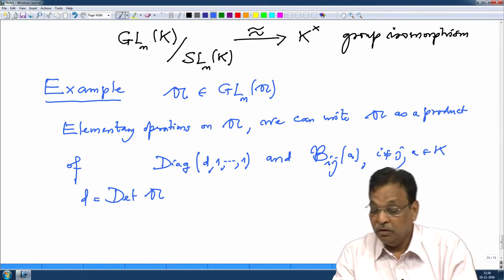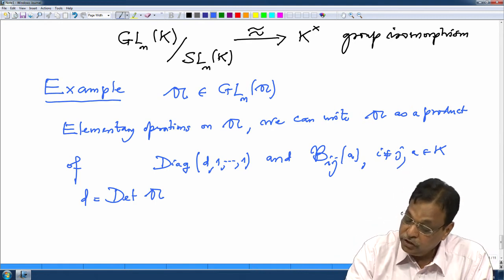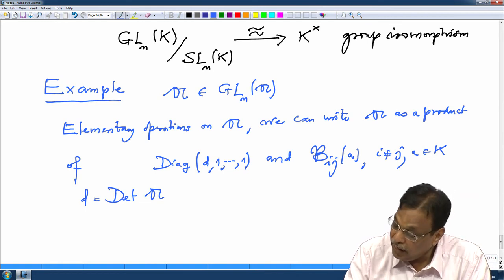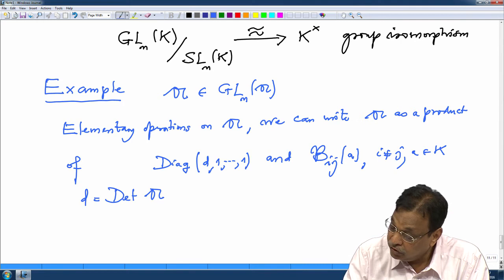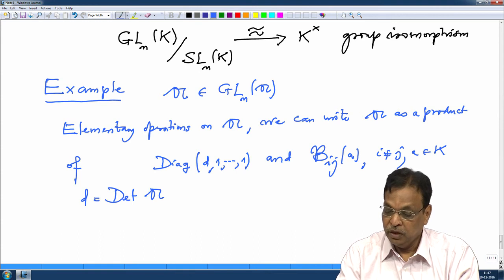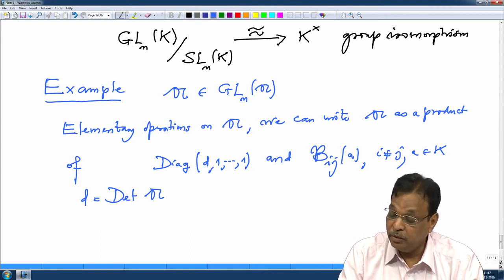Therefore, GLN is generated by this type of diagonal matrices and the elementary matrices of a special type. They are the ones of type 2, I think, in that notation. So this is very important when you prove results.